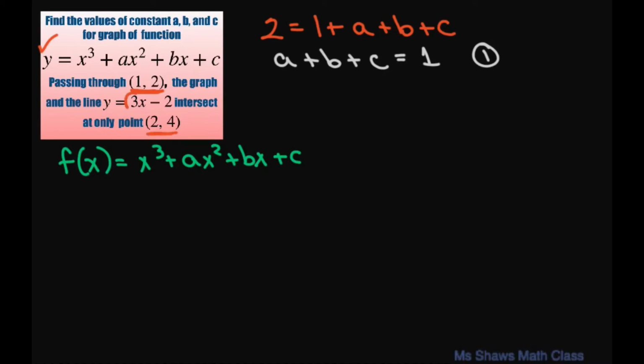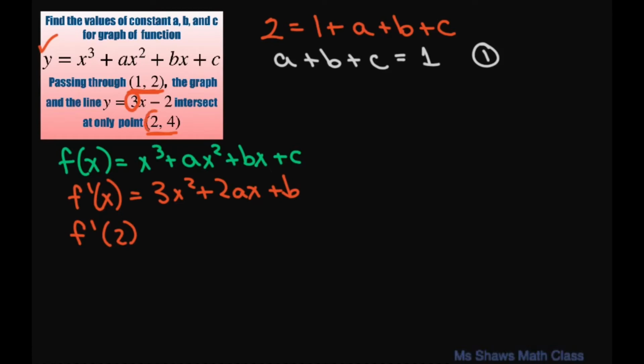So we know that this line has a slope of 3. If I take the derivative of my function, which is going to be 3x squared plus 2ax plus b, then I know that f prime of 2, since it intersects at this point, is going to give me my slope of 3.